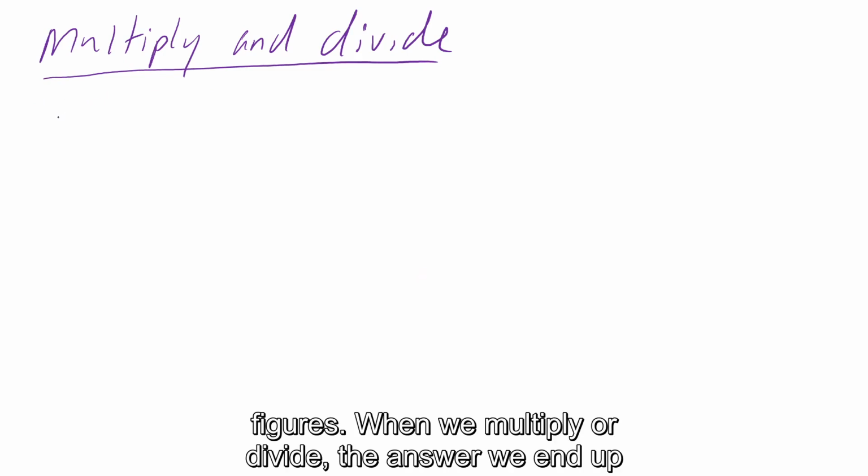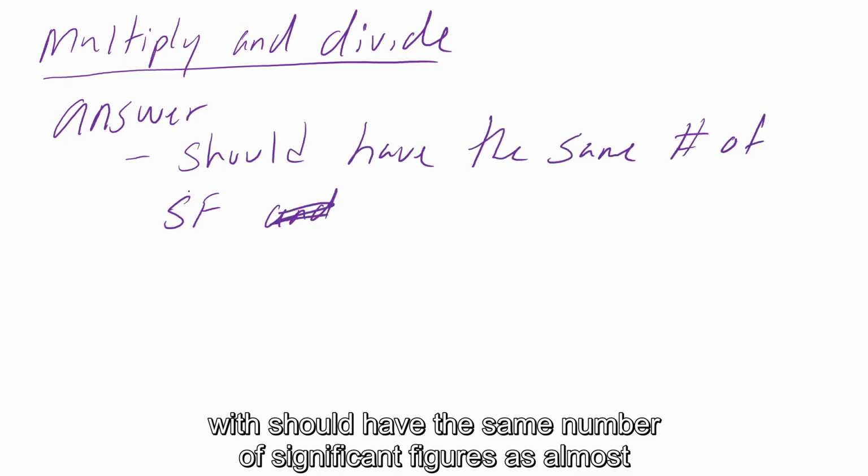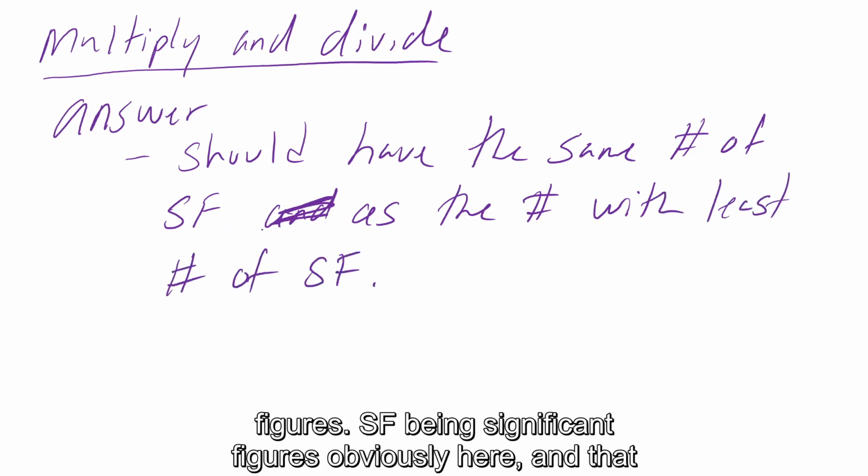When we multiply or divide, the answer we end up with should have the same number of significant figures as the number with the least number of significant figures, SF being significant figures here.